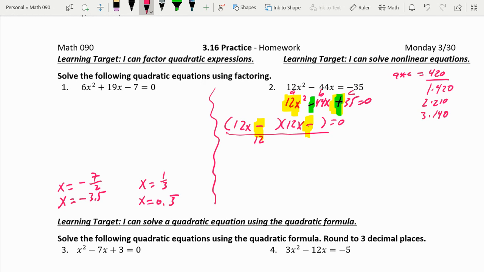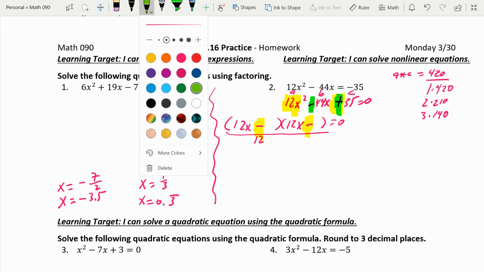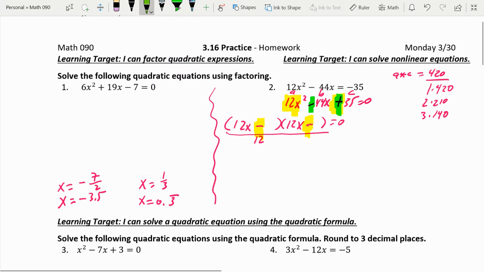And the reason why I'm doing this is I'm looking to get that number.